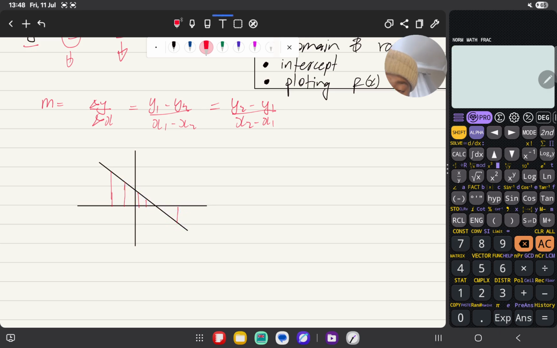What you realize there is that if we increase x values, y values are going to decrease.